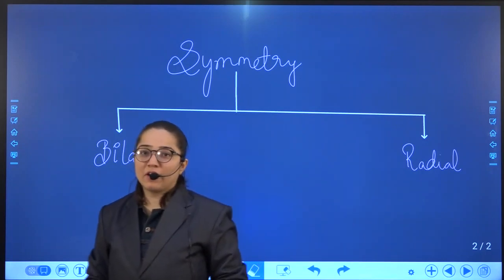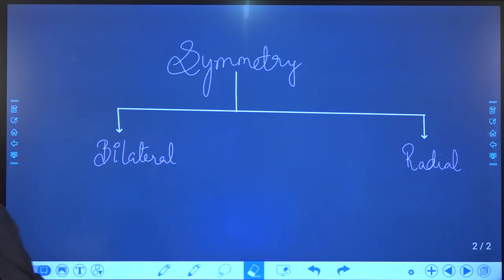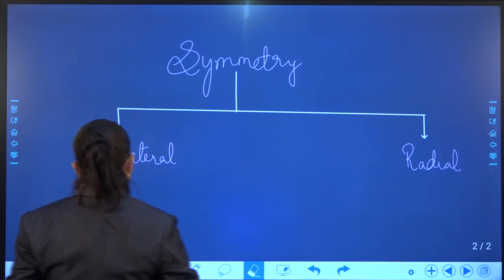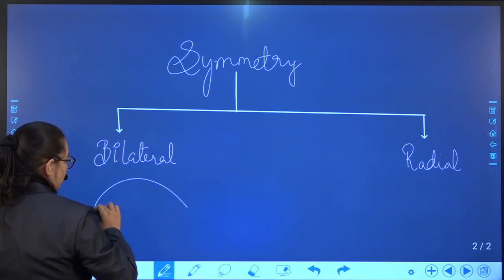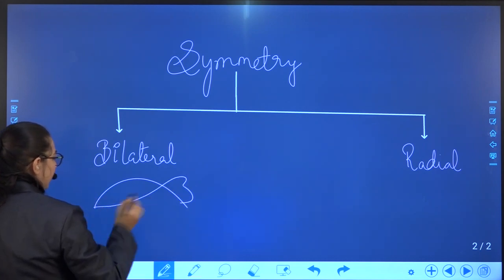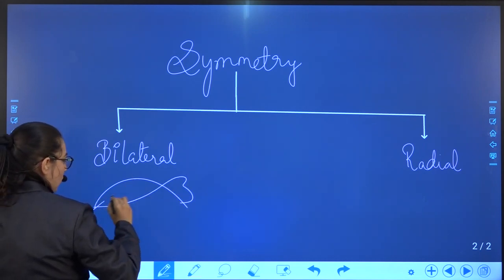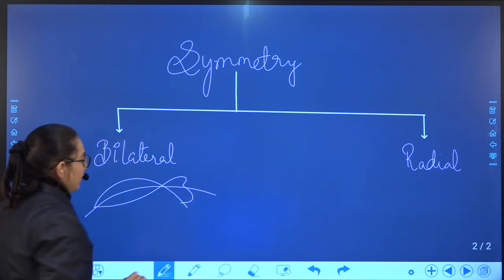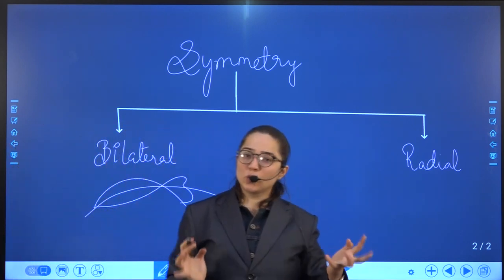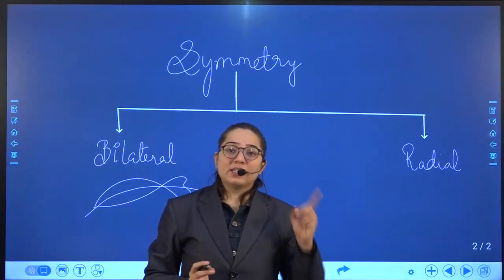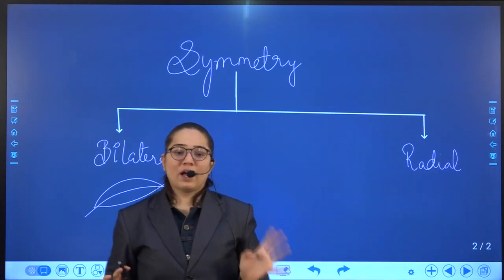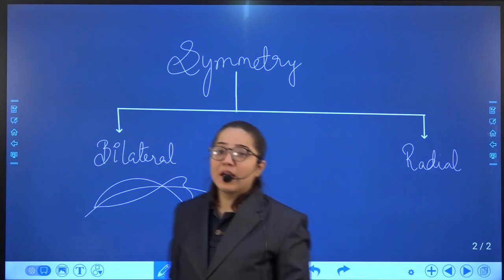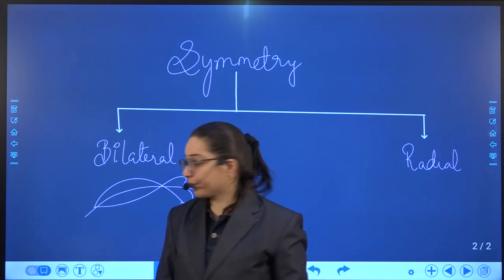Suppose if I want to divide a fish into two equal halves, how will I do it? There is a fish over here. There is just one plane in which it can be divided into two equal halves. So if there is a single plane that will divide it into two equal halves, then it is coming under which category? Bilateral symmetry.